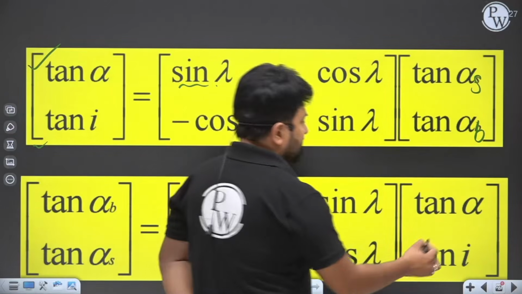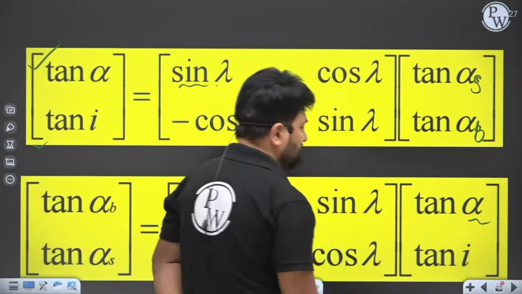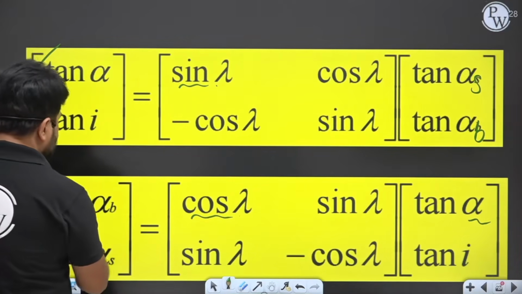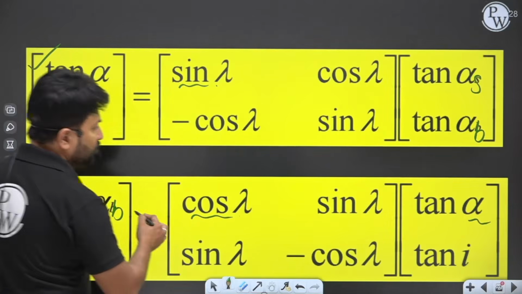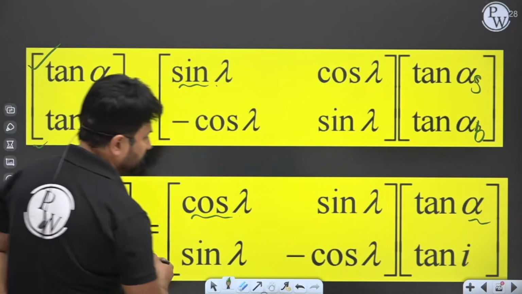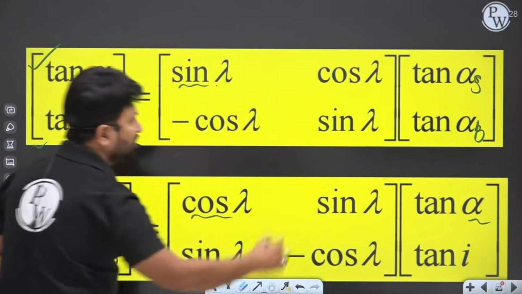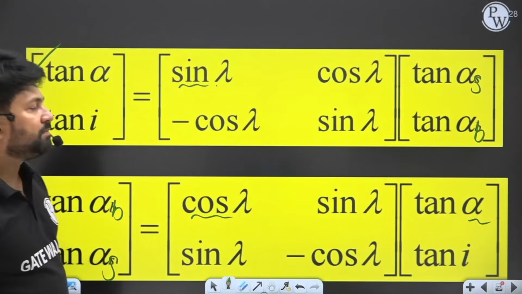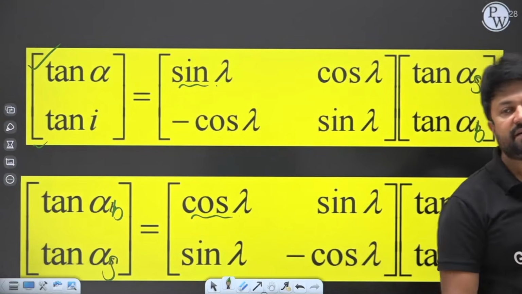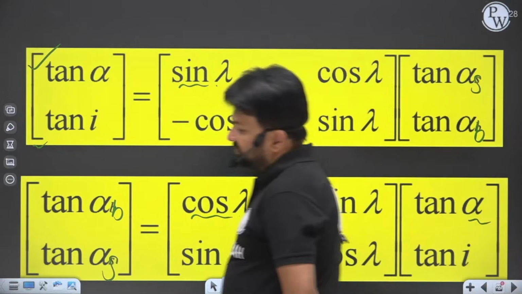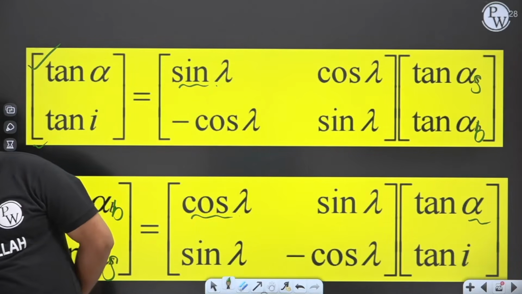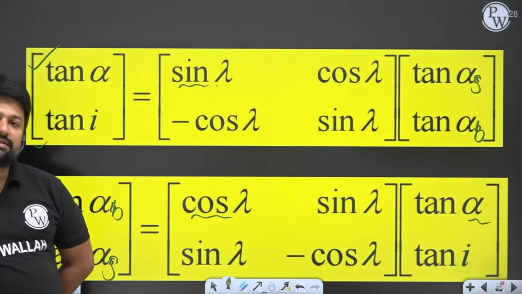Multiply with the column matrix of tan alpha and tan I. When you multiply this row into this column, you will get tan alpha B, and when you multiply the other row into that column, you will get tan alpha S. It's up to you in which manner you want to learn this formula. Am I clear? I hope the point is crystal clear.